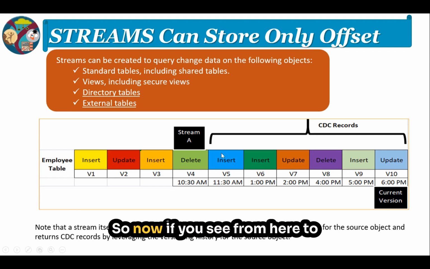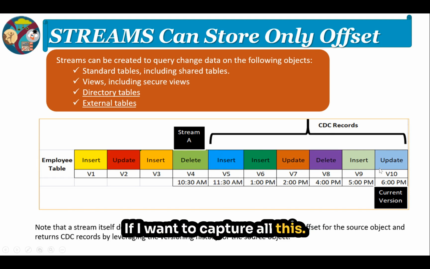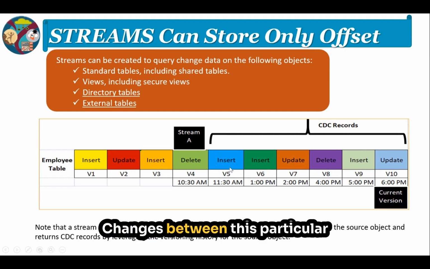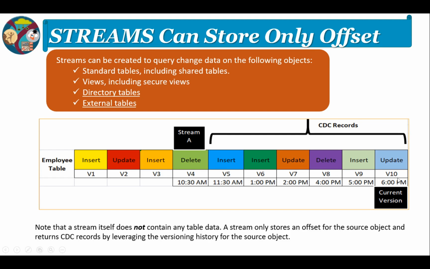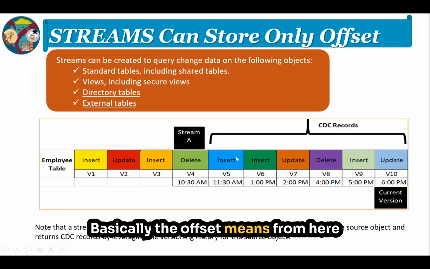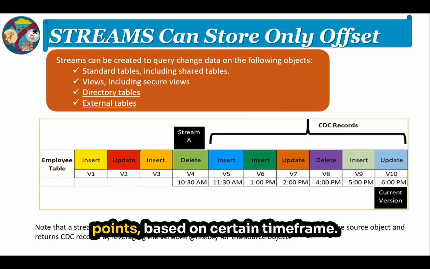So now if you see from here to this period, these are the CDC change data capture records, right? If I want to capture all these changes between this particular time frame and this particular time frame, the offset means from here to here, between two transactional points based on a certain time frame.